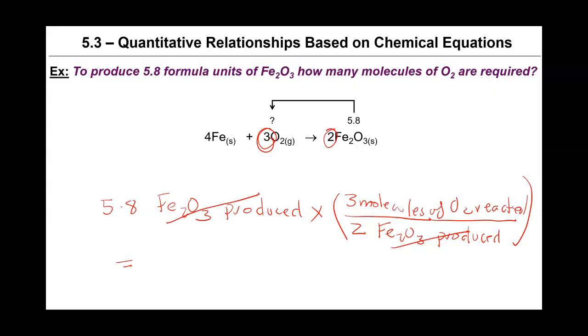So all I have to do is take 5.8 and multiply it by 3 on 2. So I need 8.7 molecules of O2. So I just took 5.8 and multiplied that by 3 over 2. Not too difficult.